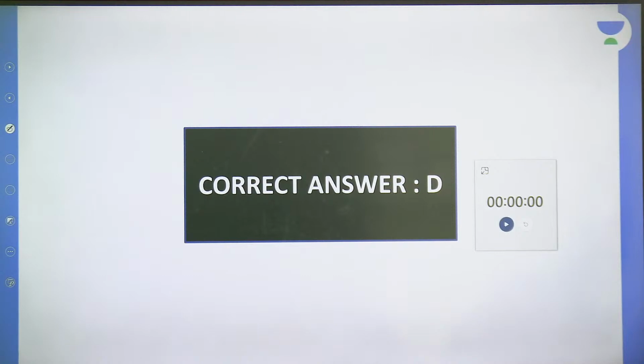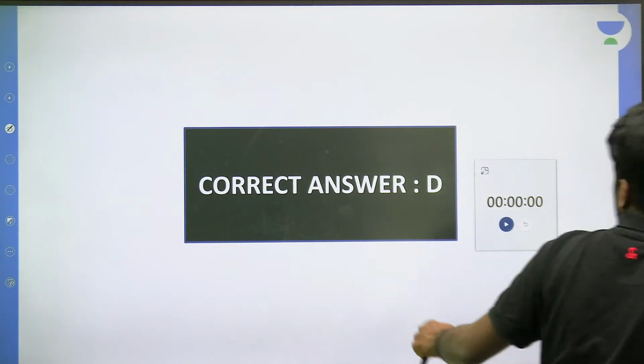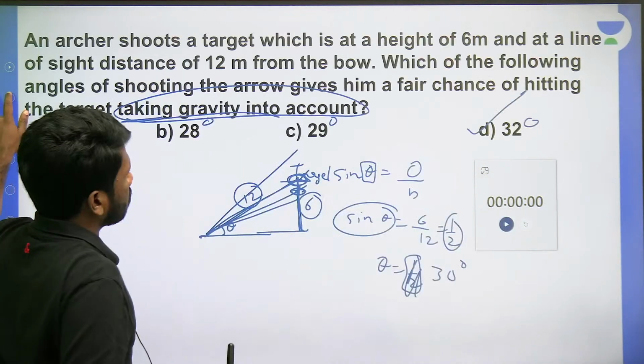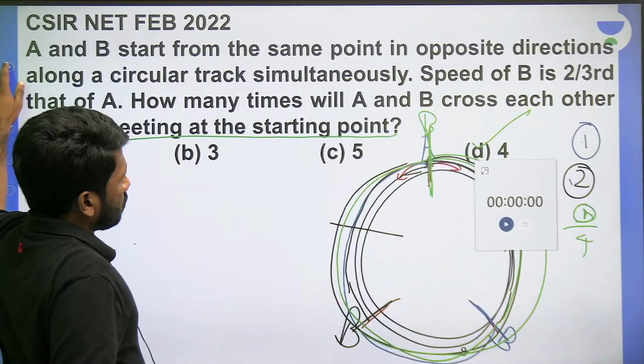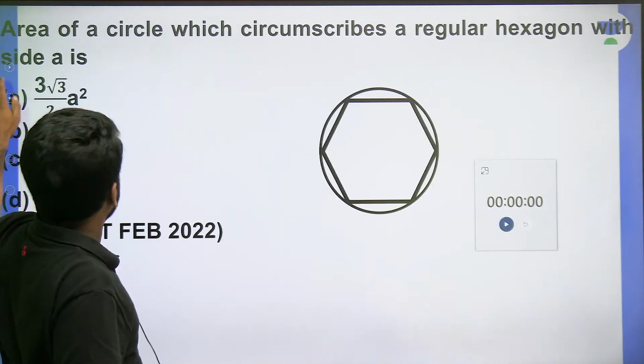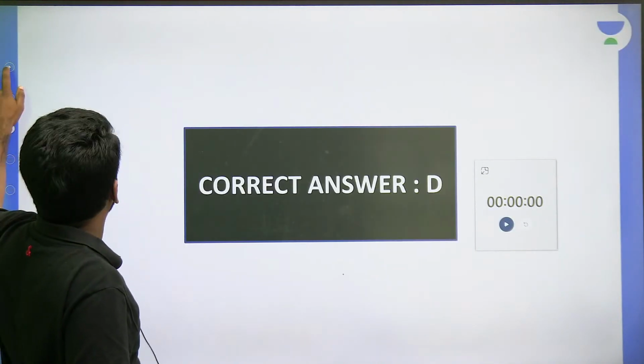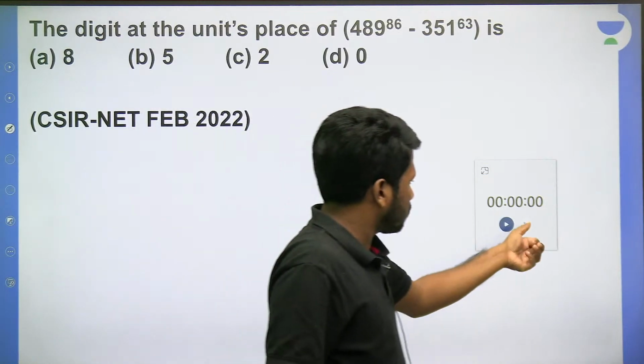Instead you can try this question. That question I'm skipping. Try this question. This was the February 2022 paper.